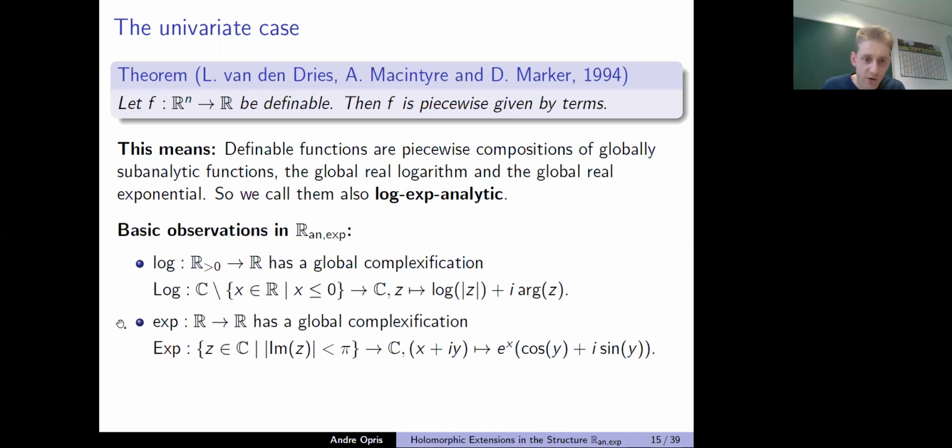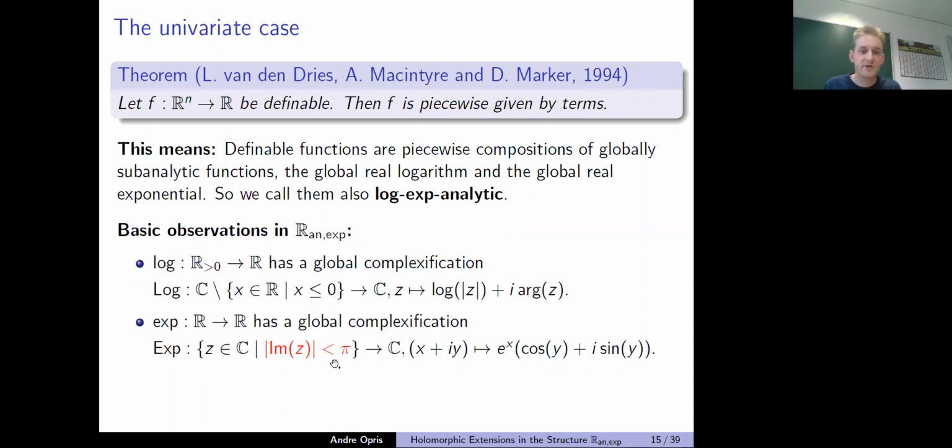And then you get here also a definable function. But it's very important to shrink this imaginary part here, since a global cosine or the global sine function is never definable in an o-minimal structure. So if you compute a holomorphic extension of the global exponential function, you get only small domains with respect to the imaginary part.